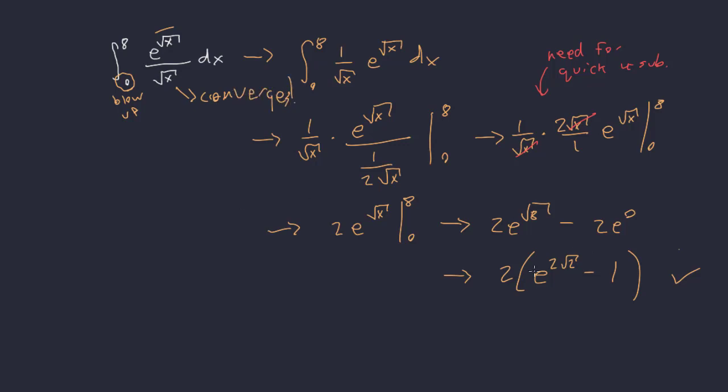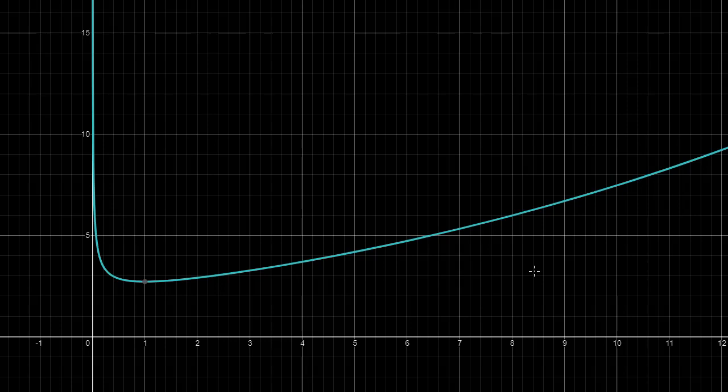Let's look at a graph and see if it jives with what we just found. Here in blue, we have the graph of e to the square root of x over root x, and remember we were looking from 8 to 0, and it does get really close to the y-axis really fast.